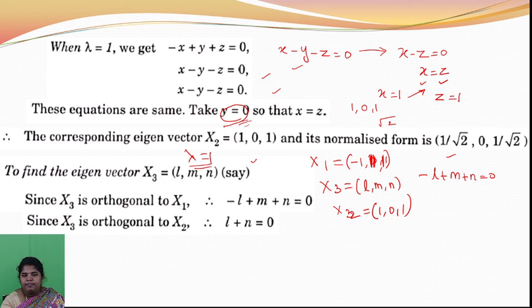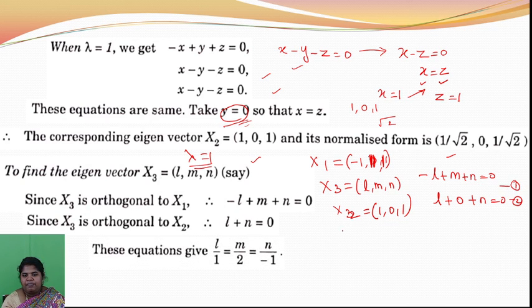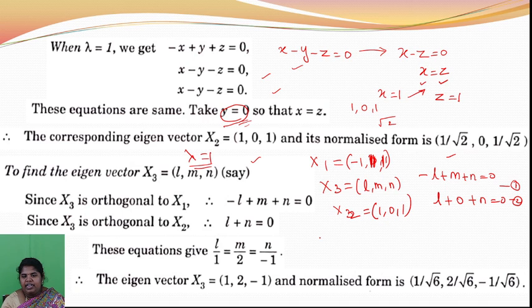So take the product of x2 and x3: l plus 0 plus n equal to 0. Solving these two equations, we get the values as l by 1, m by 2 and n by minus 1. The corresponding eigenvector is 1, 2 and minus 1, and write the normalized form.